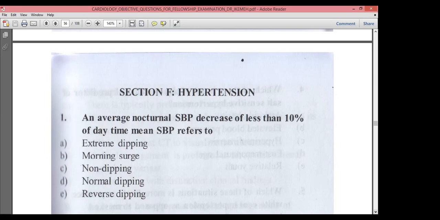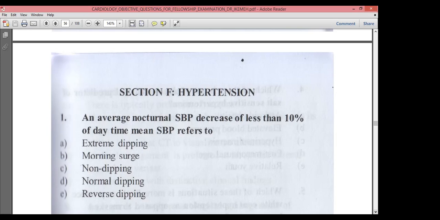Non-dipping is defined as a less than 10% dip during sleep. Normally BP should dip about 10 to 20%, so if this dip is not up to 10%, we say the individual is a non-dipper. If the blood pressure actually rises during sleep, we say the individual is a reverse dipper. It's important to know that nocturnal hypertension, that's reverse dipping, and non-dipping patterns are associated with increased cardiovascular morbidity and mortality.